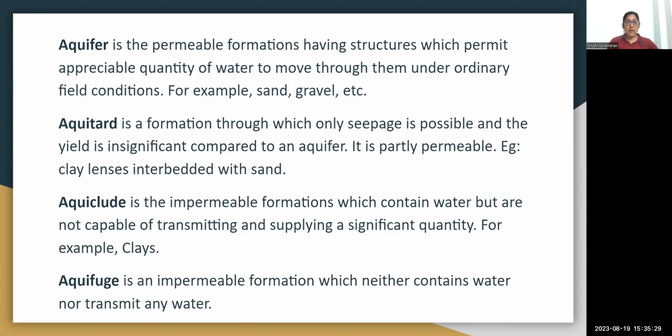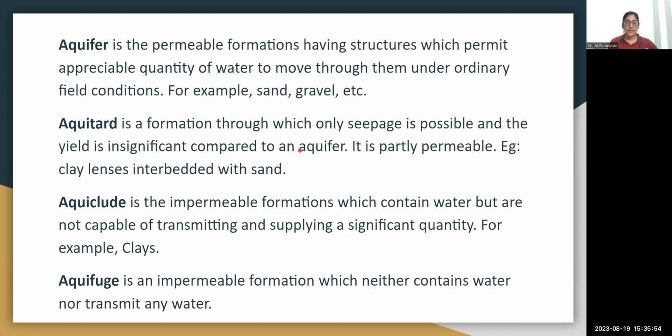Now, aquicludes are impermeable formations which will have water, but they cannot transmit it. Water movement through them is not possible. And aquifuges are impermeable formations which cannot contain water. They cannot store water, and they cannot transmit water either. Some examples of aquifers are sand, gravel, etc. Aquitards are clay lenses interbedded with sand.